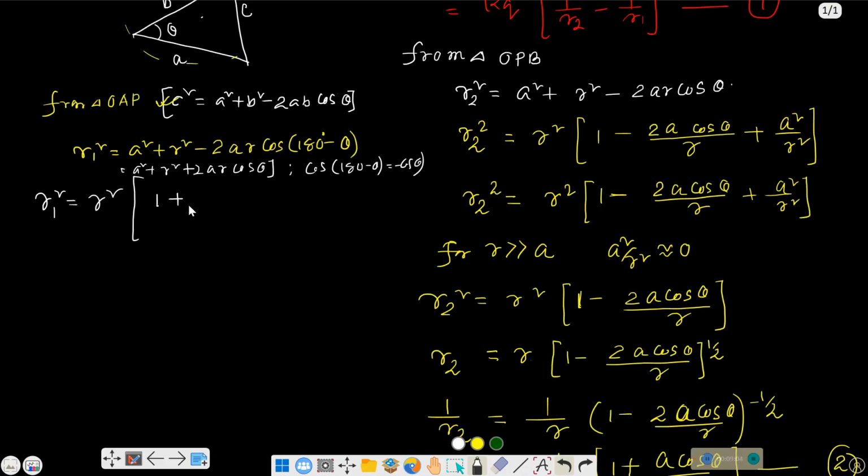So it will be r square times 1 plus, let me write it a little bit below.